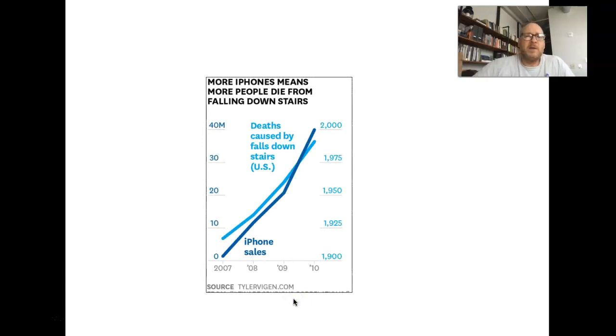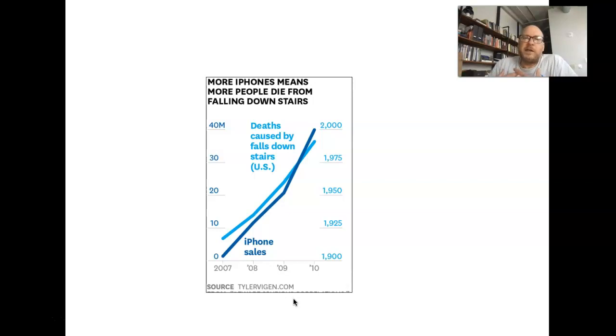I want to talk about a couple last things here. One is that when people look at correlations, there's usually a sense, this is a psychological thing, where you try to find the connection. And that can be really misleading at times.